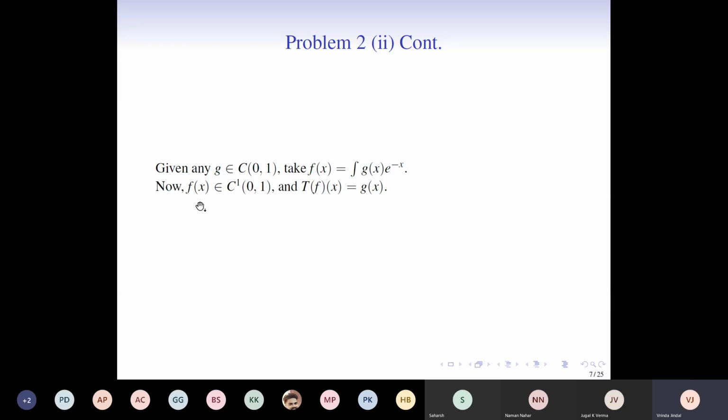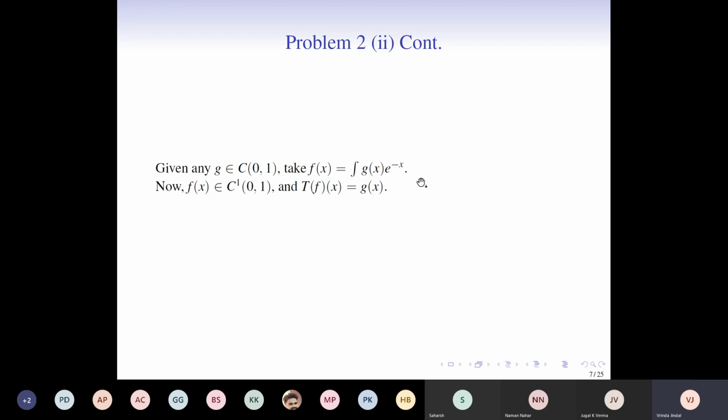We see that f of x belongs to C superscript 1 of 0, 1. And why is that so? That is because g of x by definition belongs to C of 0, 1. So g of x is continuous on 0 to 1 and e raised to power minus x is also continuous on 0 to 1.